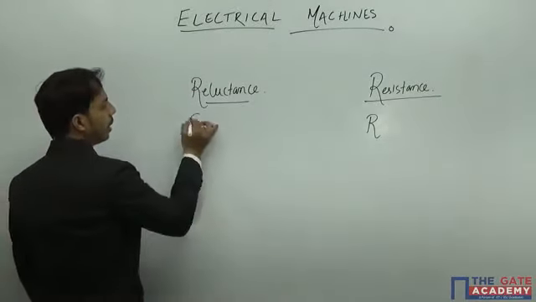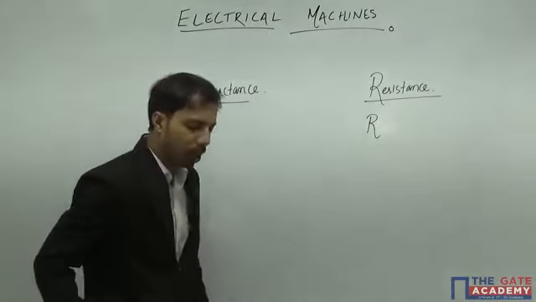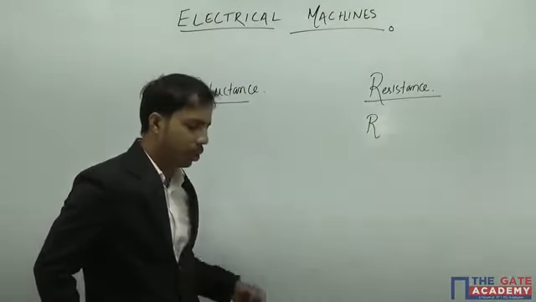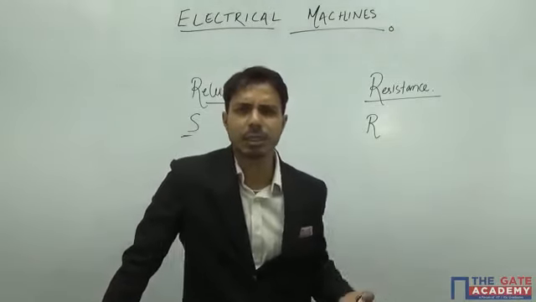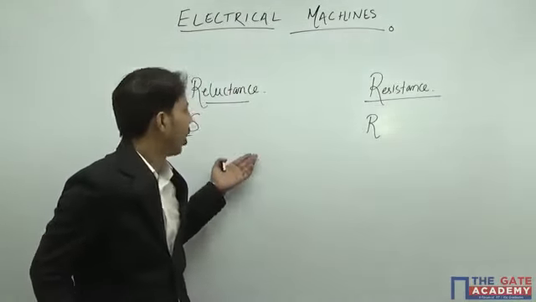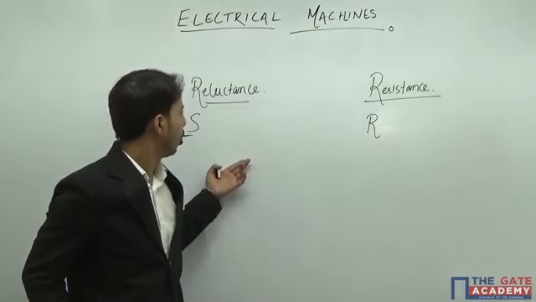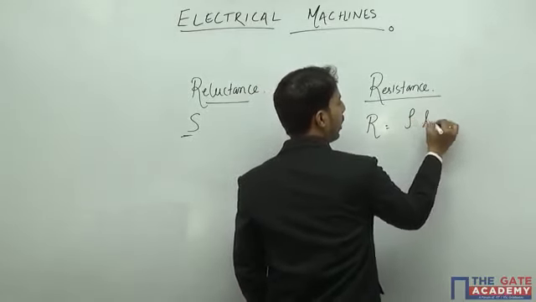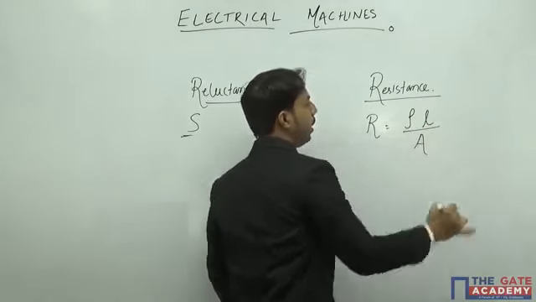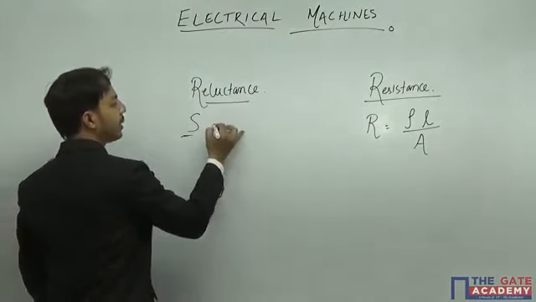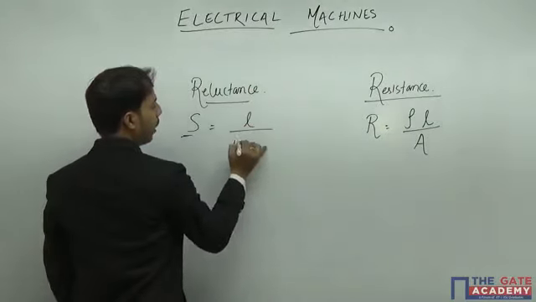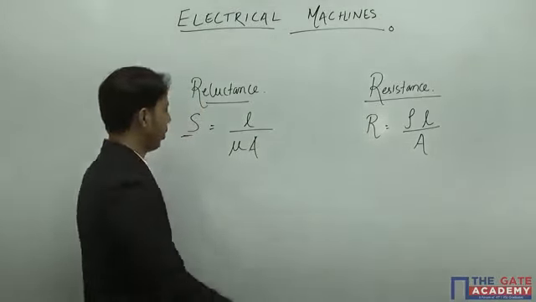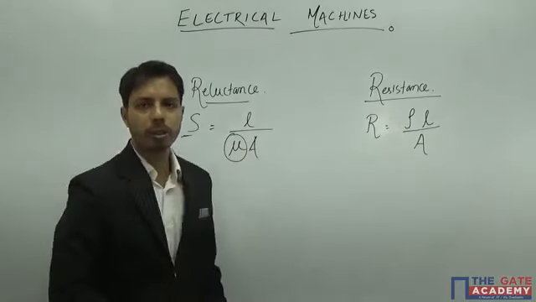Similarly, reluctance S is the property of a material to resist the flow of magnetic flux. So you see, resistance is given by rho into L by area A. Similarly, S is given by L by mu into A, where mu is the permeability of that material, which can be calculated.